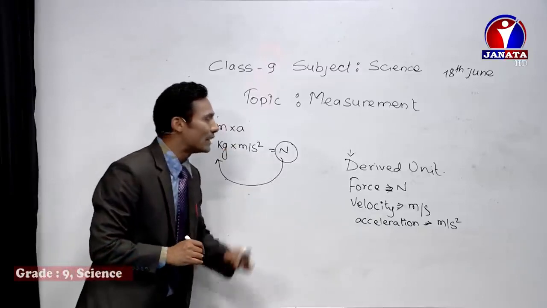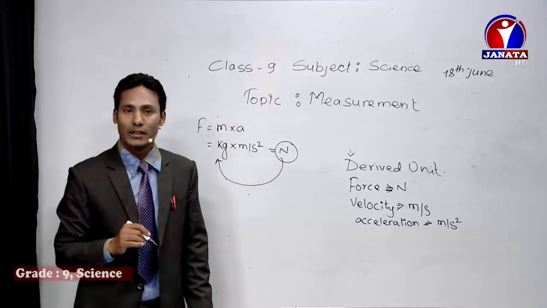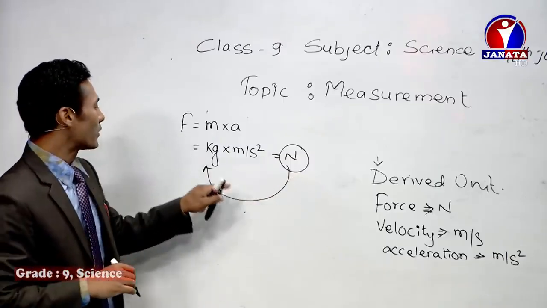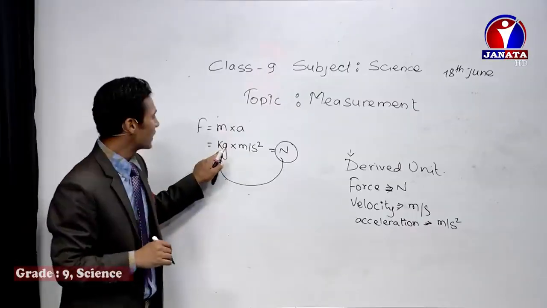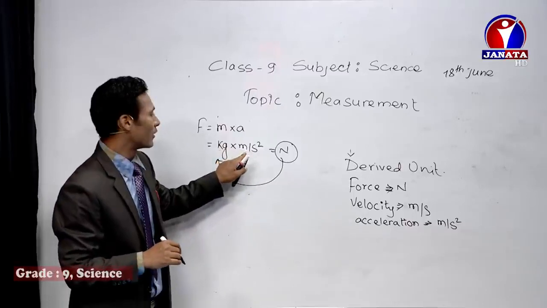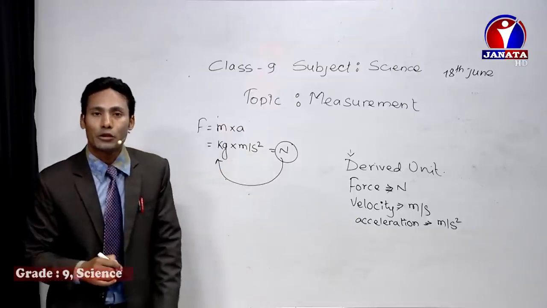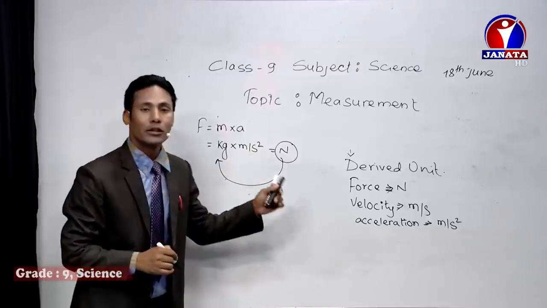Why is it called a derived unit? Newton can be explained in terms of kg, a unit of mass, meter, a unit of length, and second, the unit of time. That's why Newton is called a derived unit.